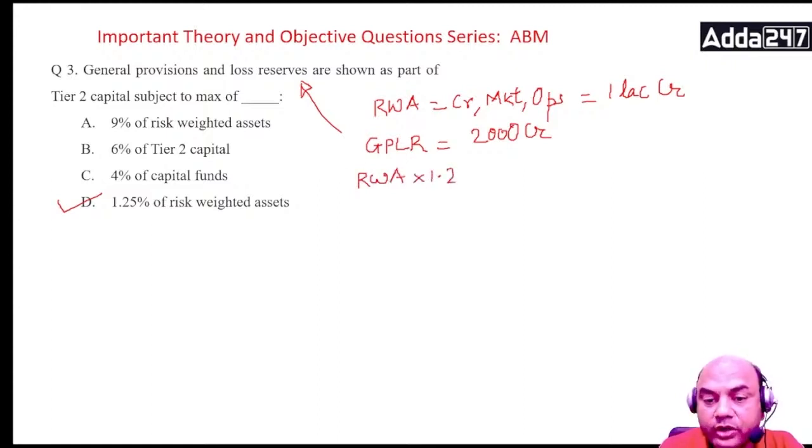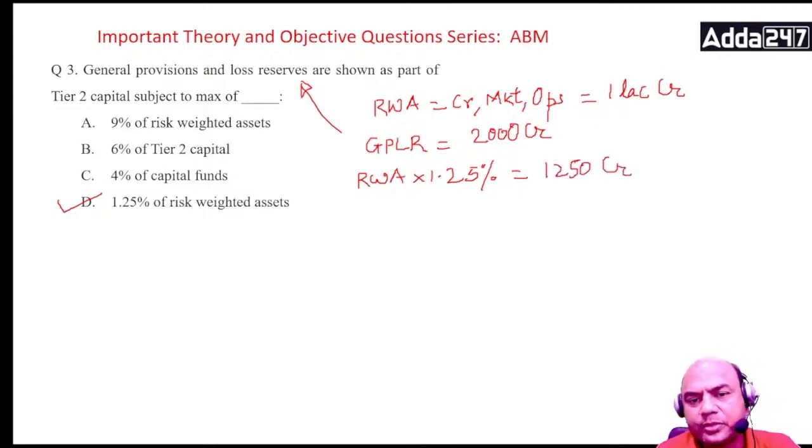Now look at whatever I am doing. 1 lakh into 1.25% is 1250 CR, right? 1250 CR, this will be your answer. Because this is after all GPLR. GPLR as per your calculations is this. Now which figure should you take?